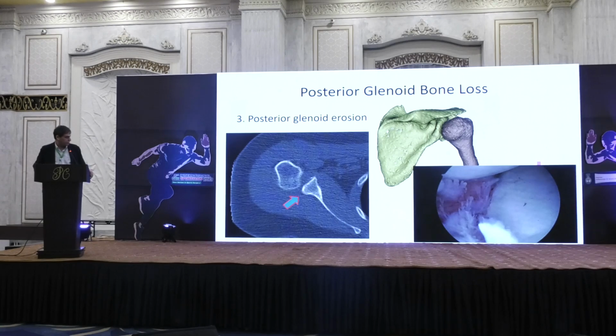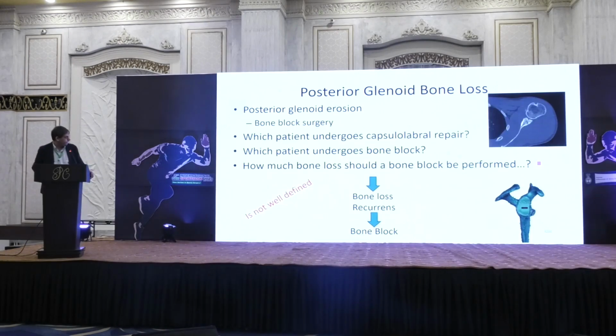You can also see from the tomography that there is an erosion of the posterior bony glenoid. So we have to put something to replace this erosion.